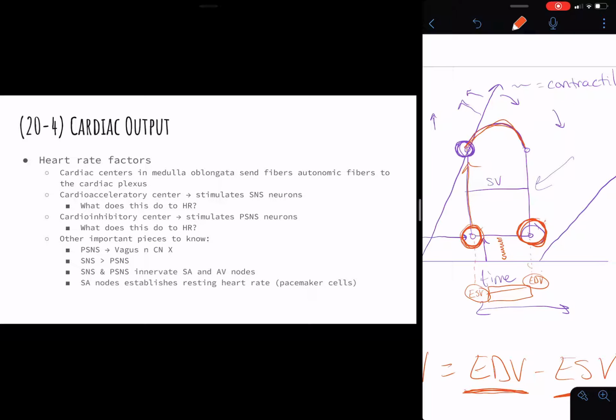Other things that contribute to heart rate include the vagus, cranial nerve 10, which I mentioned in previous videos. This is going to be directly synapsing on the SA node. We also need to understand that sympathetics are almost always going to outweigh parasympathetics in the heart. And this makes sense, right?